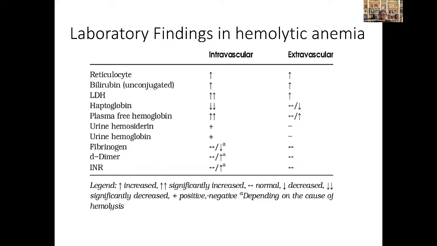Urine hemosiderin is a very interesting one. So let's say you had a patient that you suspected had an episode of intravascular hemolysis. A good example of that would be a patient that had a possibly hemolytic episode from G6PD deficiency.